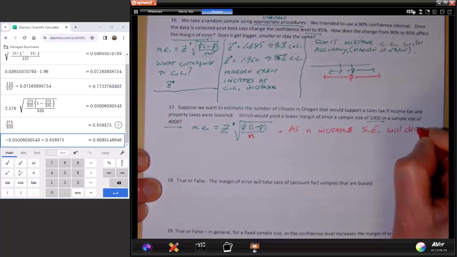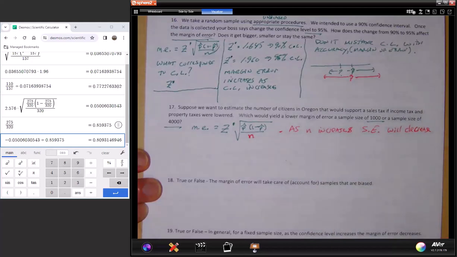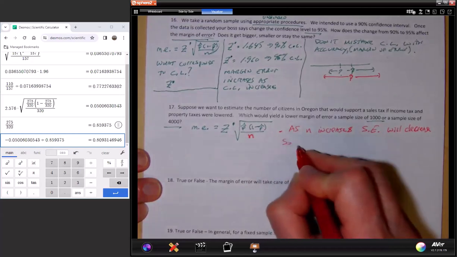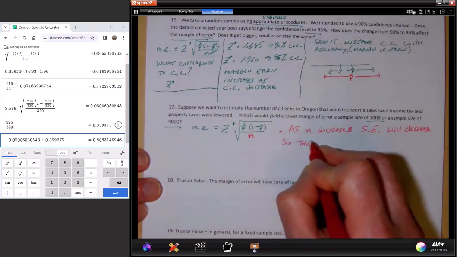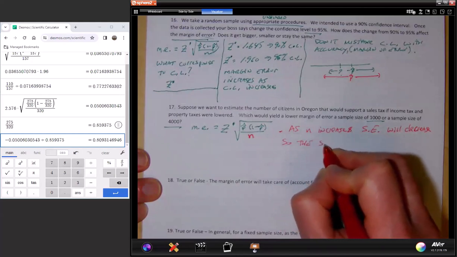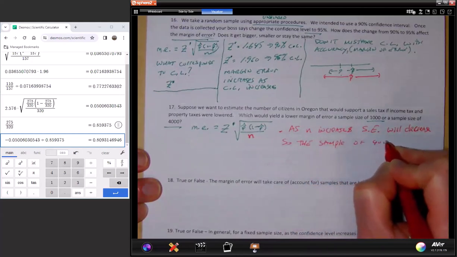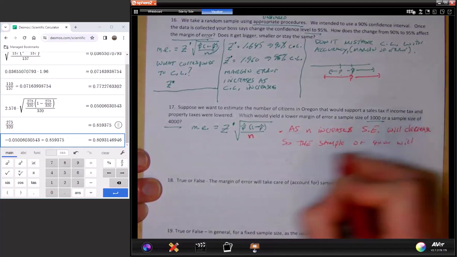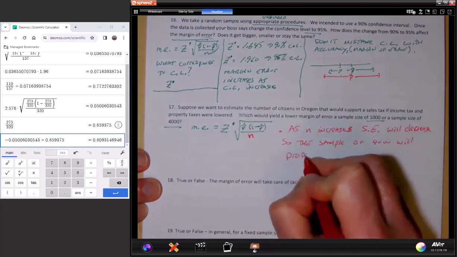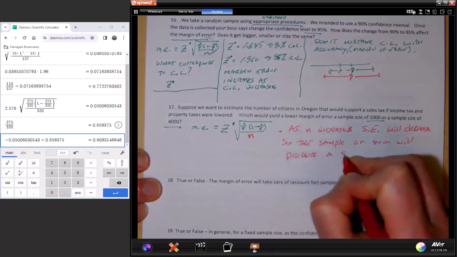And you know that because we've been doing that when dealing with sampling distributions. As n increases, the standard deviation will go down. So the sample of 4,000 will produce a smaller margin of error.